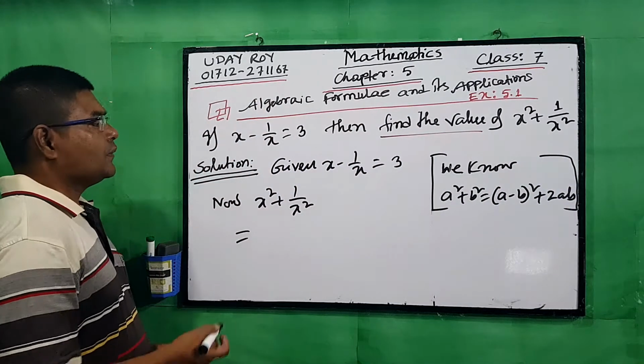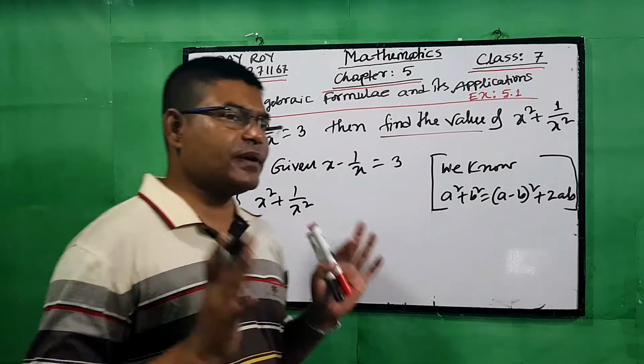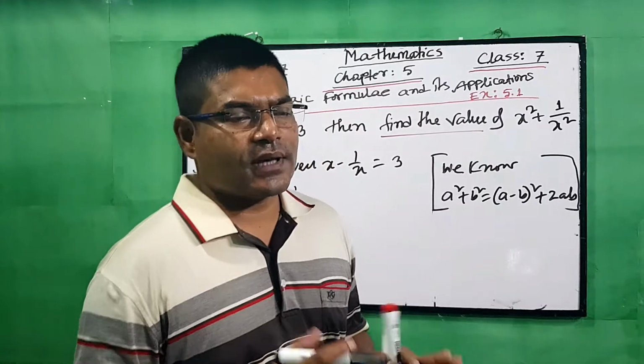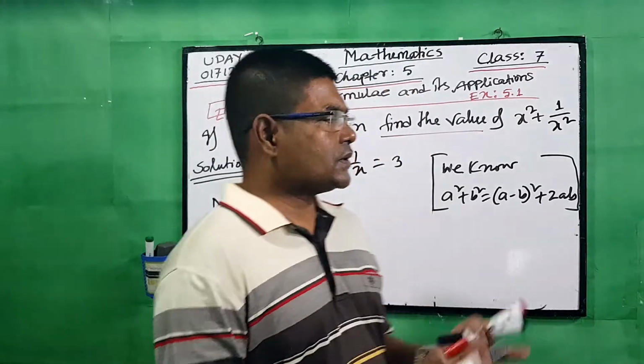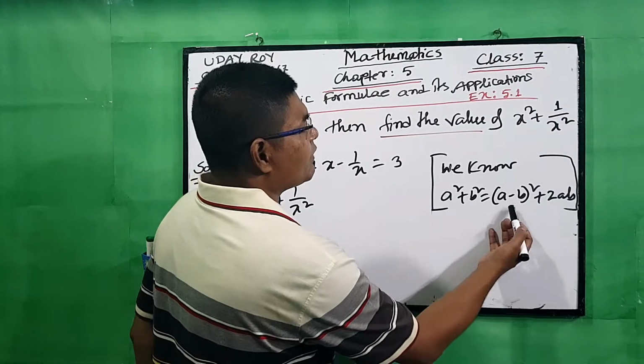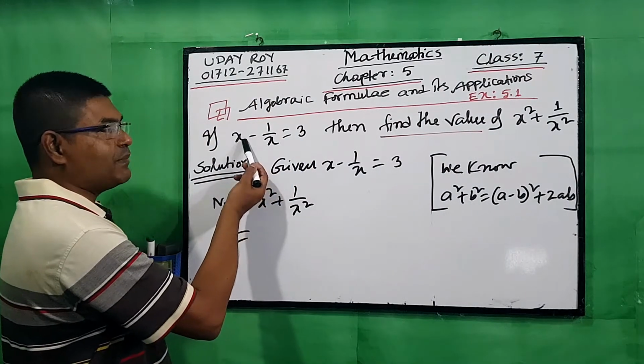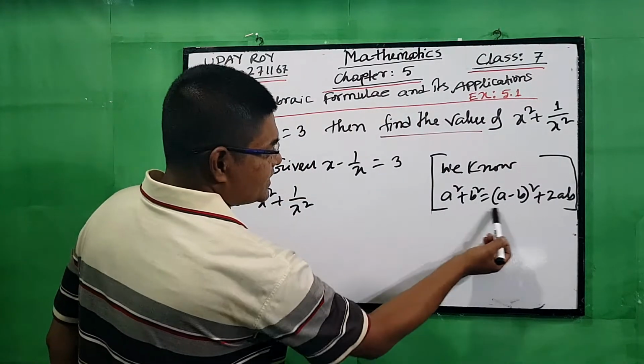Already I have told, for show that, prove that, and find the value, you have to use some corollary and some formula also. The given part is minus, so for this you have to use this corollary.